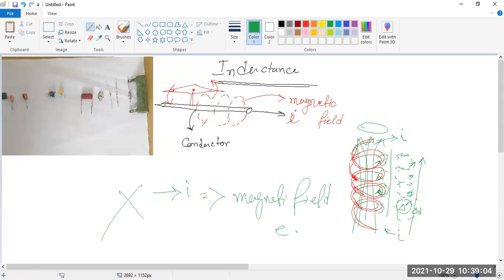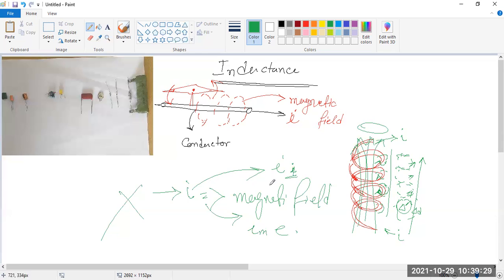If I switch it off, the magnetic field will be removed. Of the energy I applied, some is used for the current. Say I put I amount of current, but it is passing through the coil as I1 amount of current, and some of this current is used for the magnetic field.